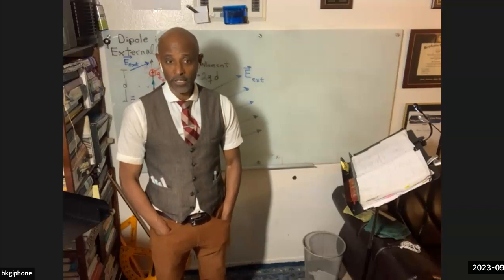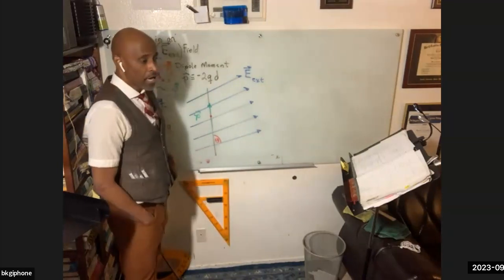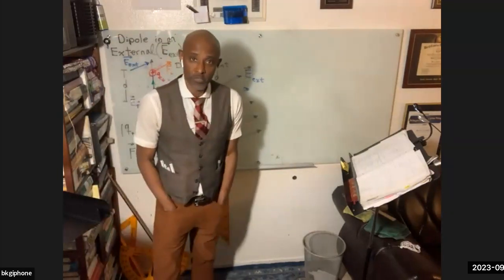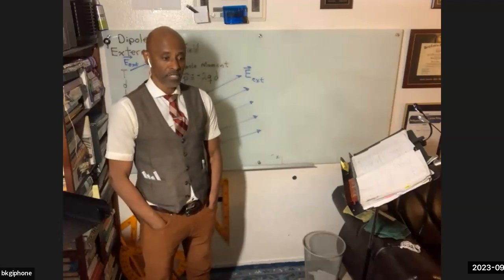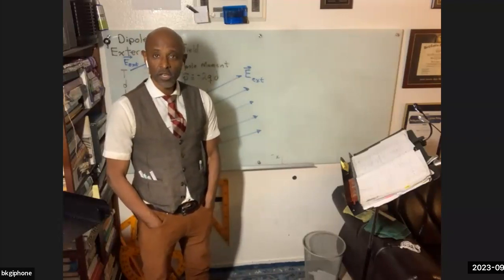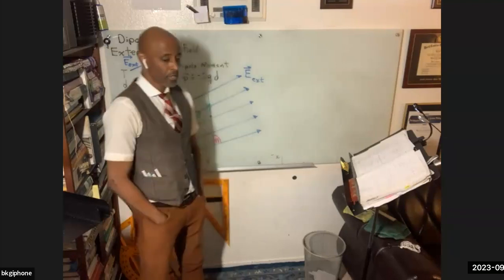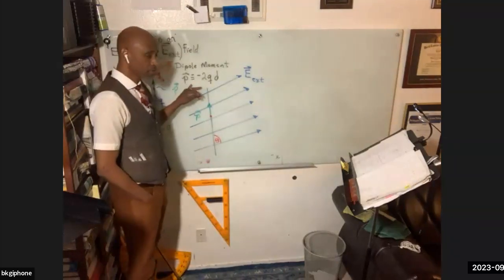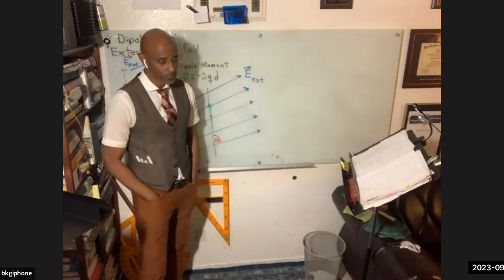And we can write that torque in terms of the dipole moment P. And we can also evaluate the potential energy associated with the dipole being displaced from an equilibrium position, and write that potential energy in terms of, again, the dipole moment P. So that's what we're going to do here in a few steps.